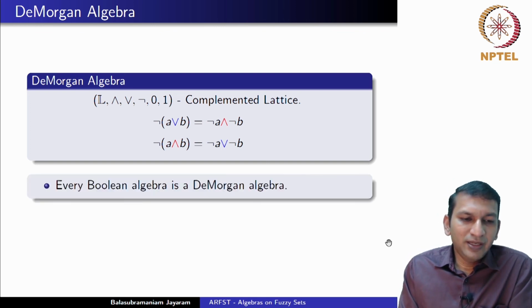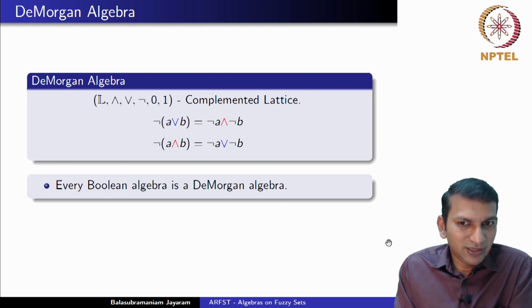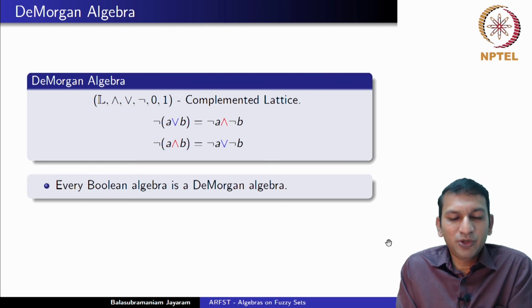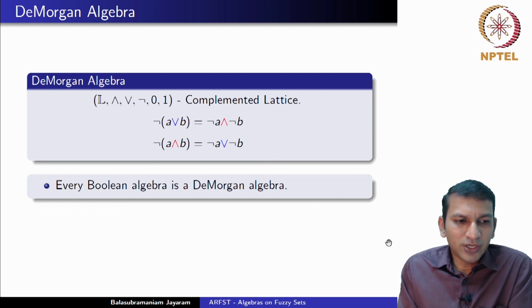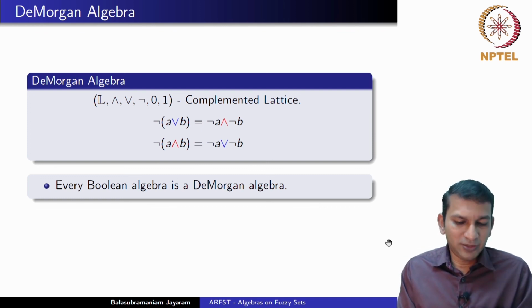Now, once again, this is also known to us that every Boolean algebra is a De Morgan algebra. We just looked at an example in the sense of looking at pairs of classical sets. So every Boolean algebra is a De Morgan algebra.